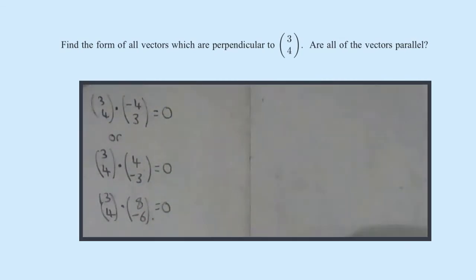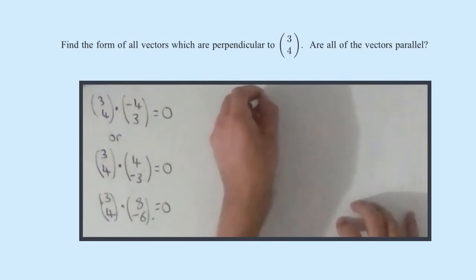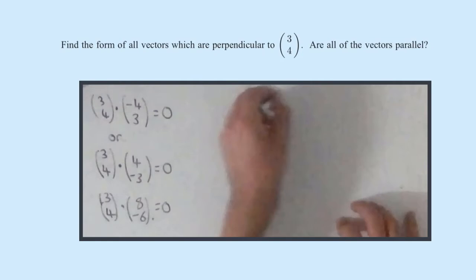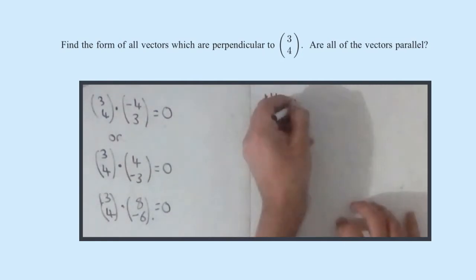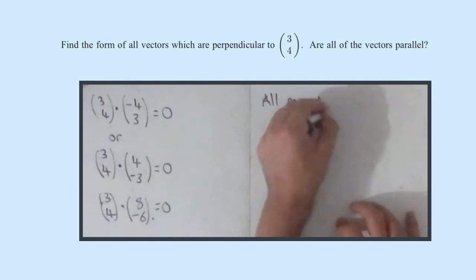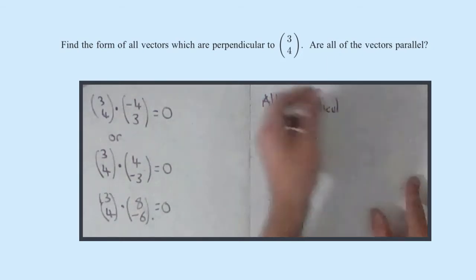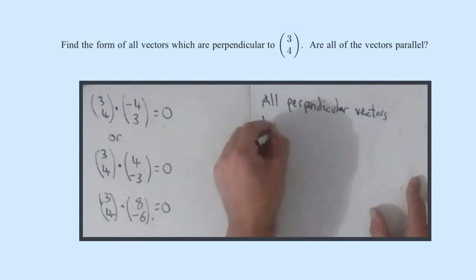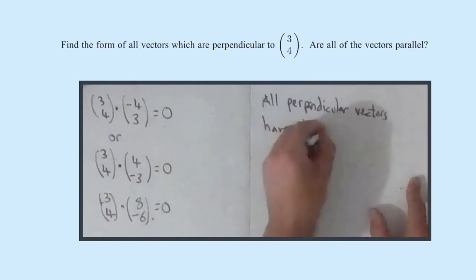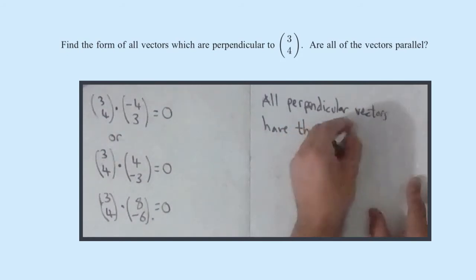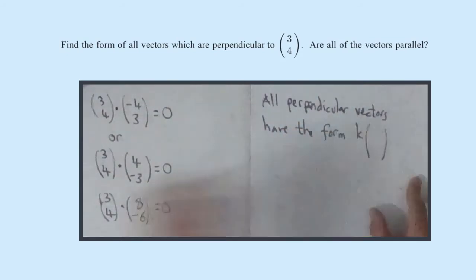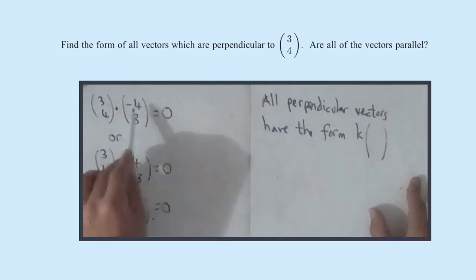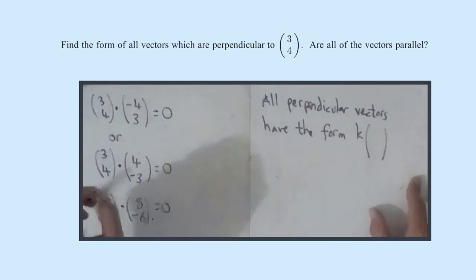So basically, all of these vectors, all perpendicular vectors, have the form k times (-4, 3), or k times (4, -3).